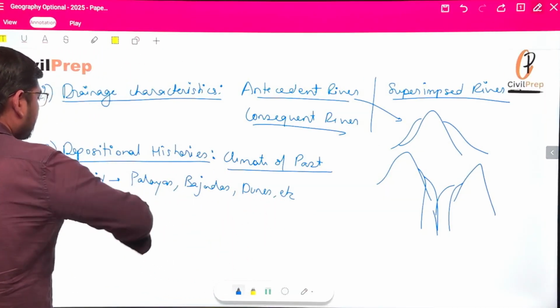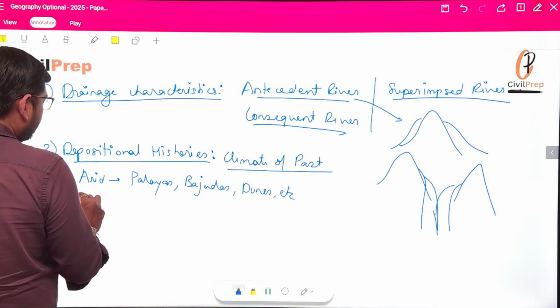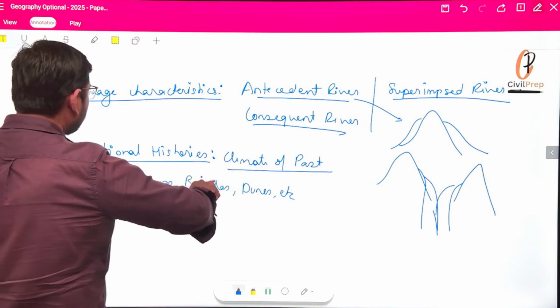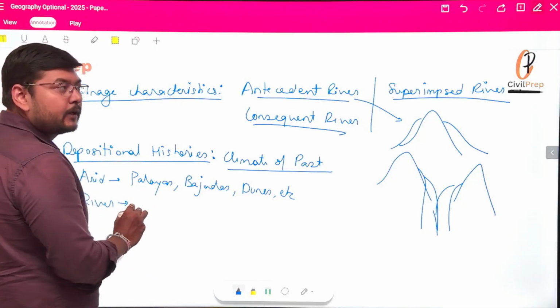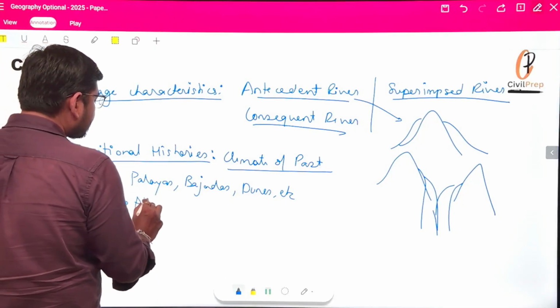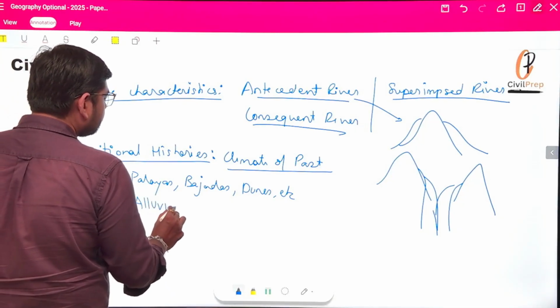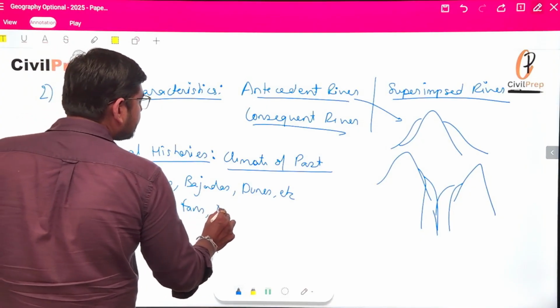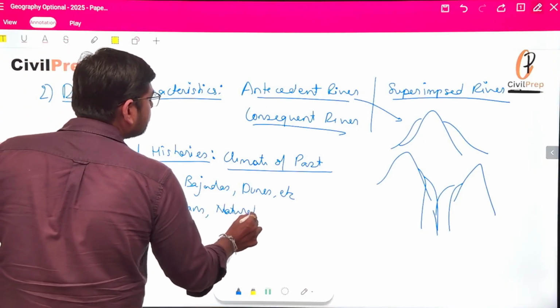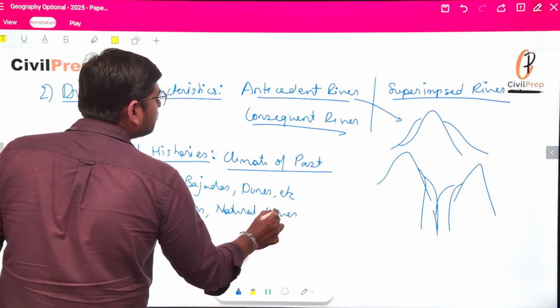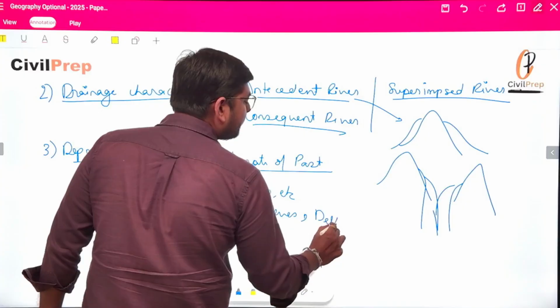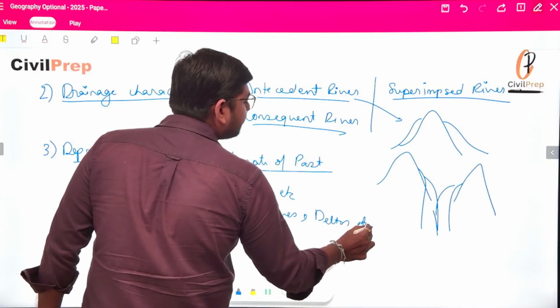If there is a cycle of erosion going on under the riverine or fluvial process, here we'll be seeing that the depositional histories will be related to the development of alluvial fans, natural levees, then deltas, etc. Okay.